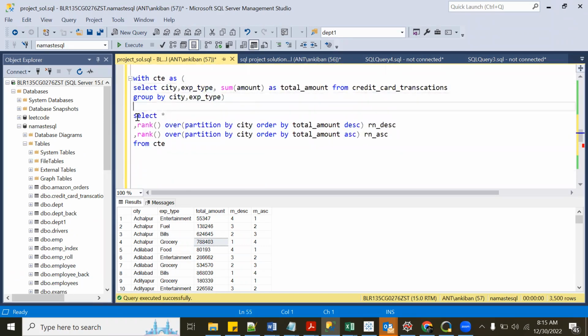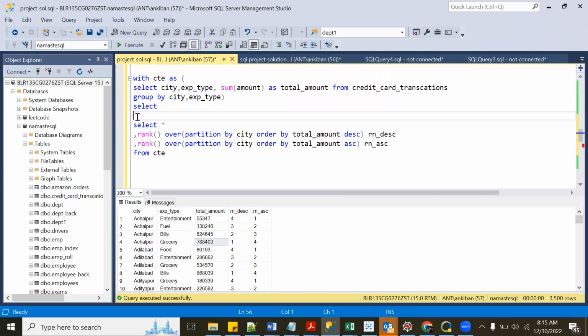Right, exactly. So I will say select. Let me make it as a subquery. I need definitely city, right? Case when Rn ascending equal to 1, then total amount, and as lowest expense type, right?